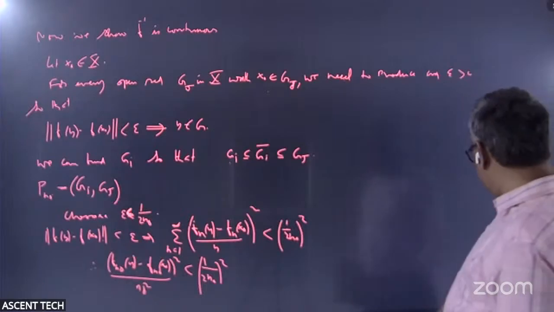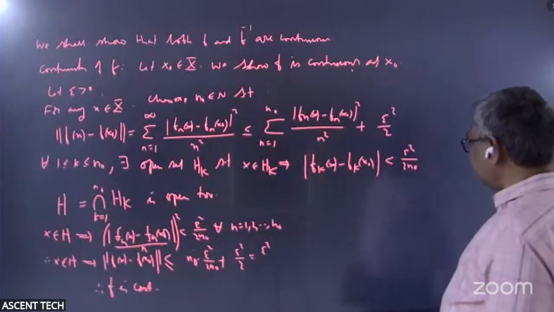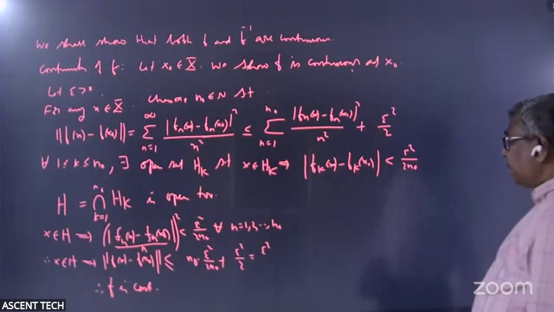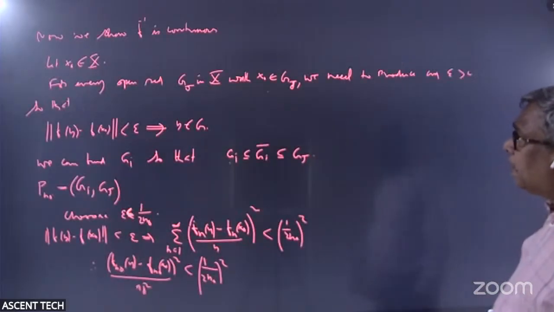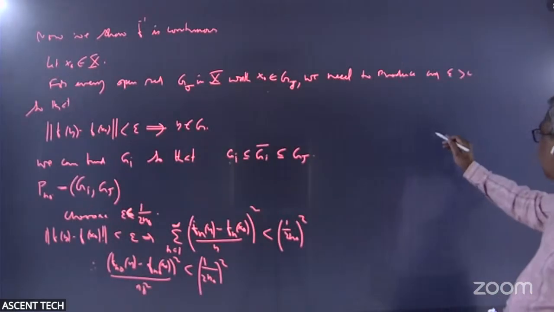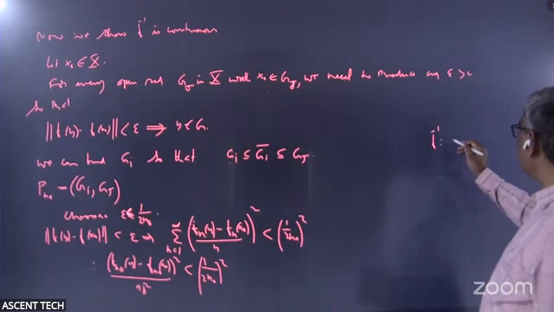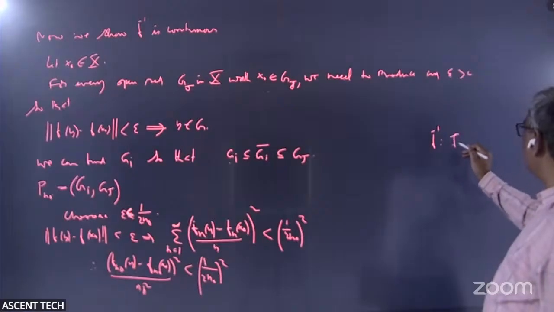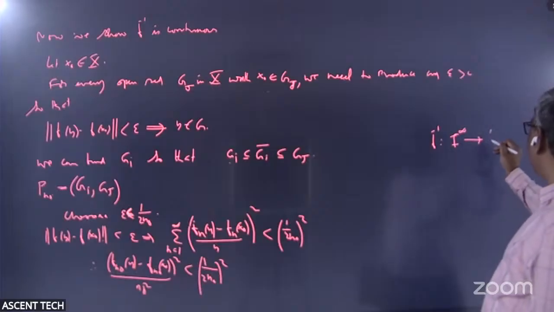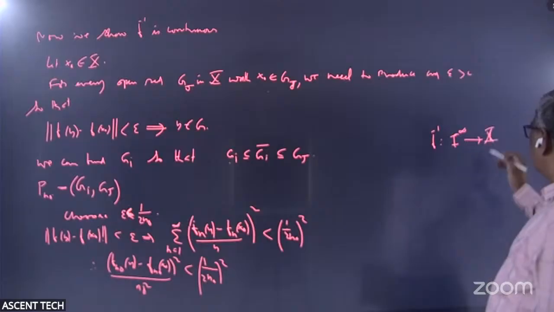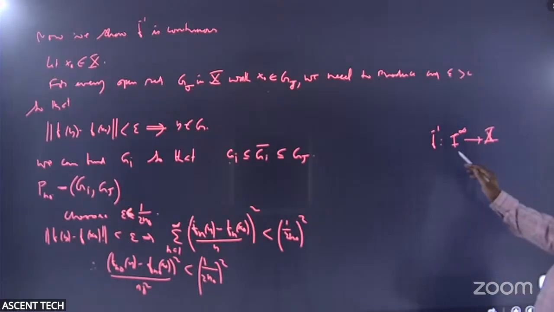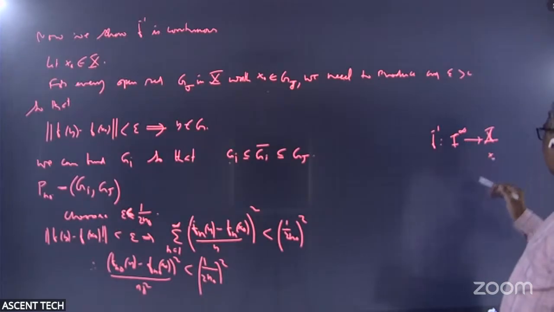Okay. Did I erase that part there? I erased that part. No problem. That was what I was promising. In order to show that the function f inverse is continuous from f of X to I infinity, take any point here, there is a point coming from here, x naught.